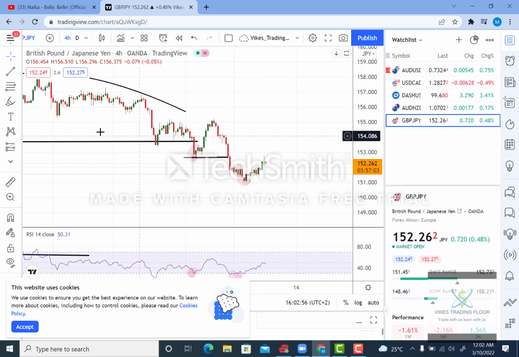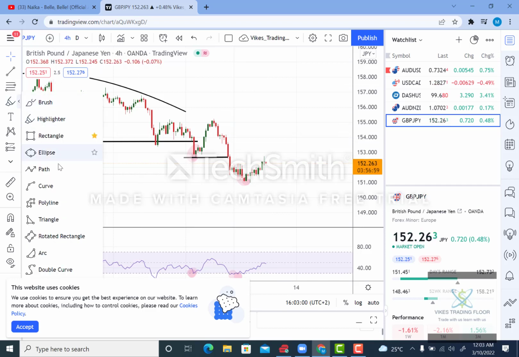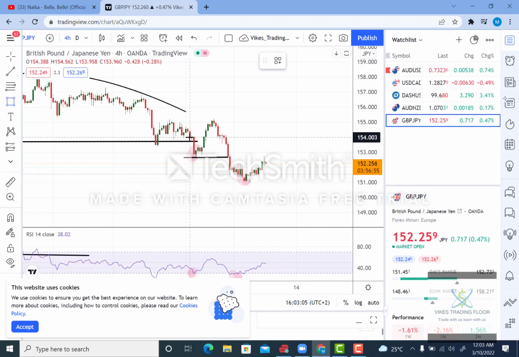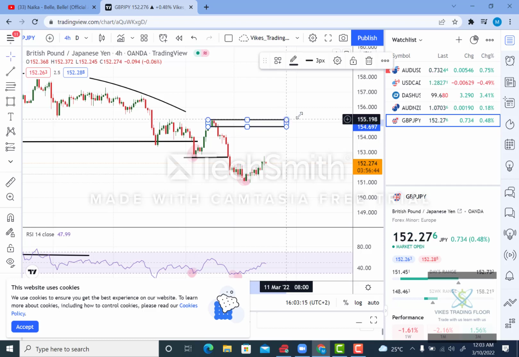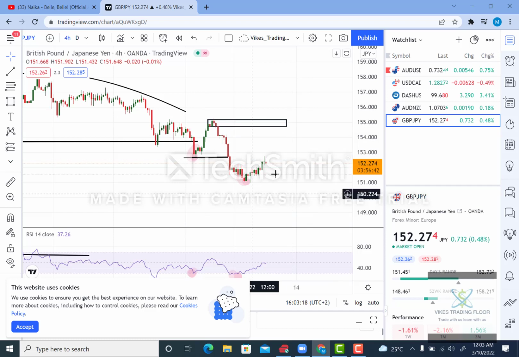So in this example, we look for our order block. An order block is where there is a candle of the opposite direction followed by a sharp reversal. So here's our order block: a bullish candle, then followed by a very strong bearish rally.